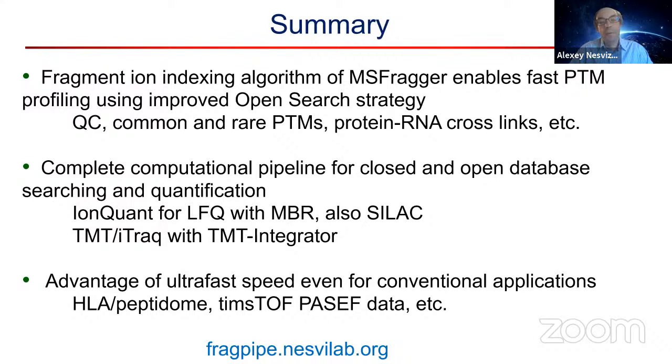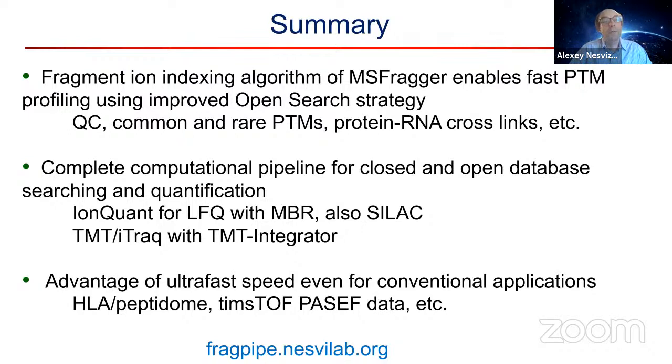We have optimized workflows for HLA peptidome data, endogenous peptidome data. You can certainly build the libraries for this type of data. That works terrific. So I think for everything that's related to non-specific search, FragPipe is the way to go.